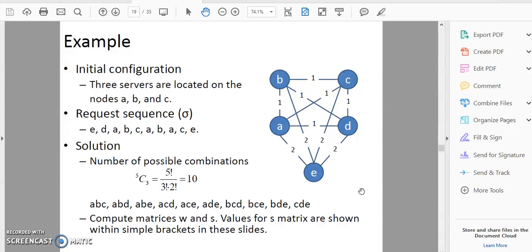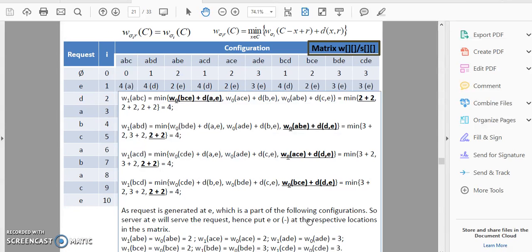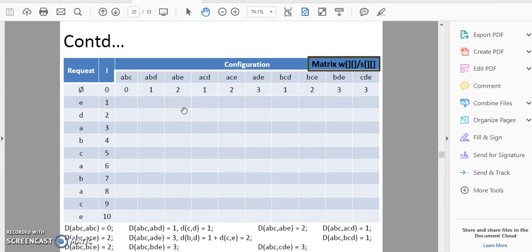So we will compute the matrices W and S. The values of S are shown with the simple bracket in this slide, rather than making another matrix. So let us analyze what it is. We will draw this table, this matrix.